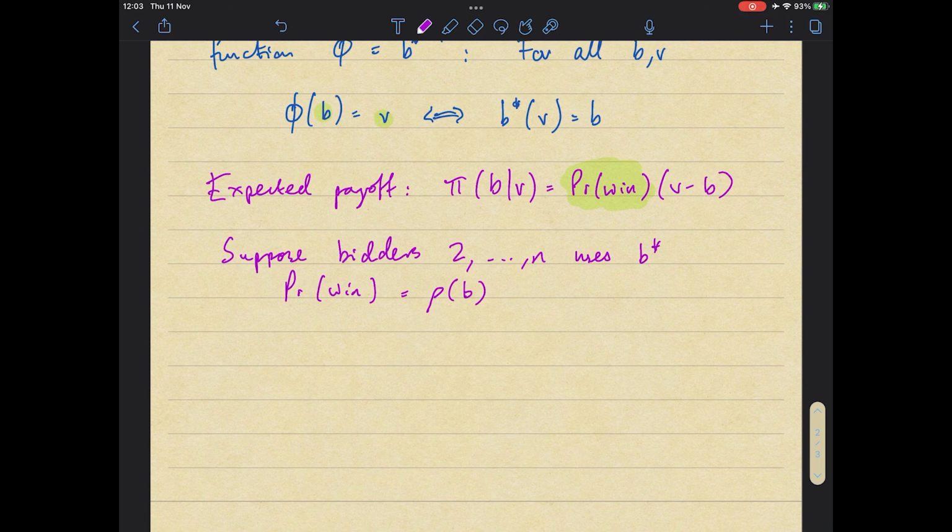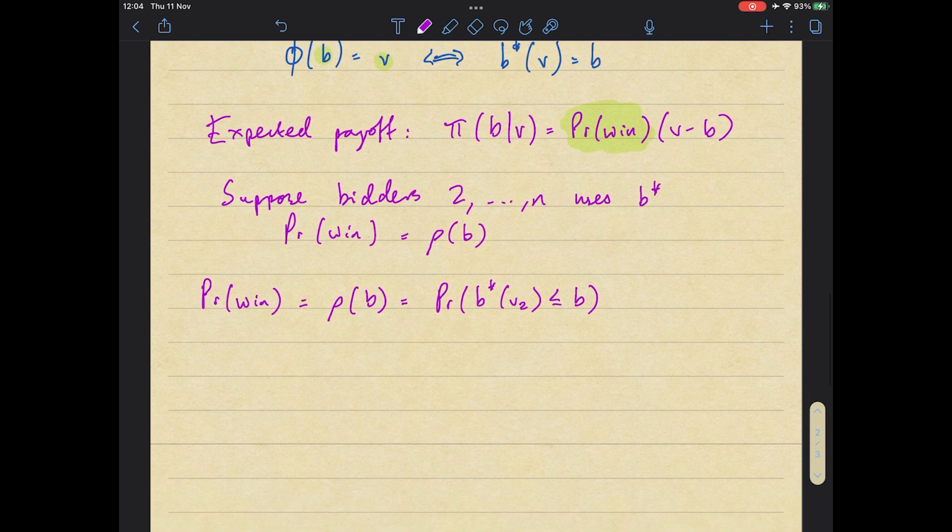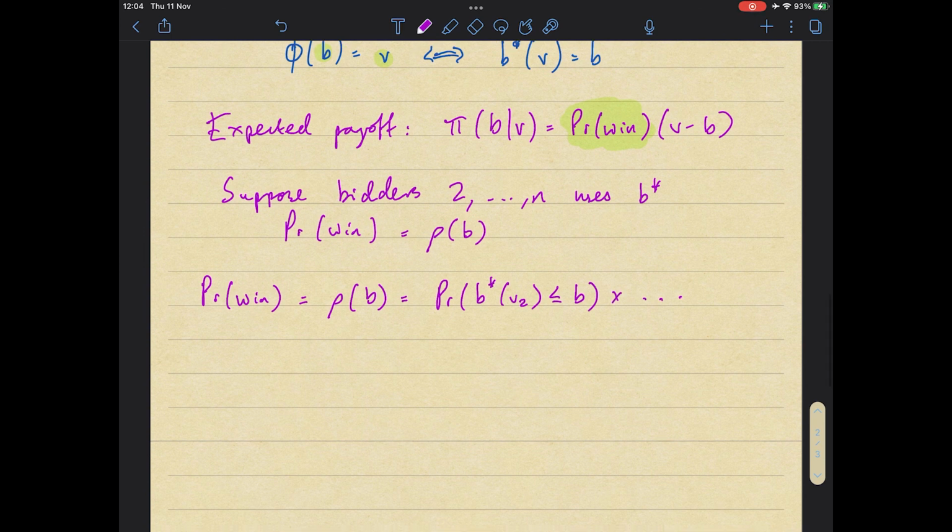How can we say a bit more than this? What does this probability of winning, this function rho of B, equal? Well, it would be the probability that B star of V2, player 2's bid, is less than or equal to my bid B. These are independent, so I can multiply by the probability that player 2's bid is less than my bid, all the way up to player n, the probability that B star of Vn is less than or equal to my bid.